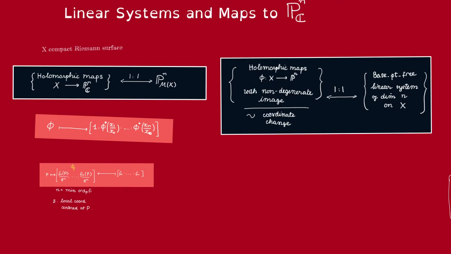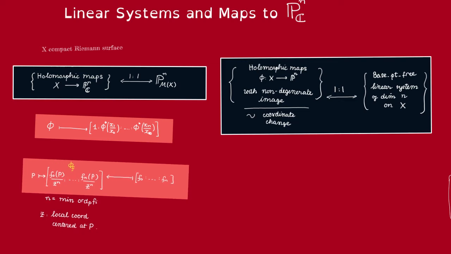Alright, so first let's motivate this viewpoint. Remember that every holomorphic map from X to the projective space is going to correspond to some tuple Fi. So now our question is, how do we view this Fi geometrically? Now the Fi are meromorphic functions on a compact Riemann surface, and the special thing about a compact Riemann surface is that every meromorphic function is uniquely determined by its zeros and poles.